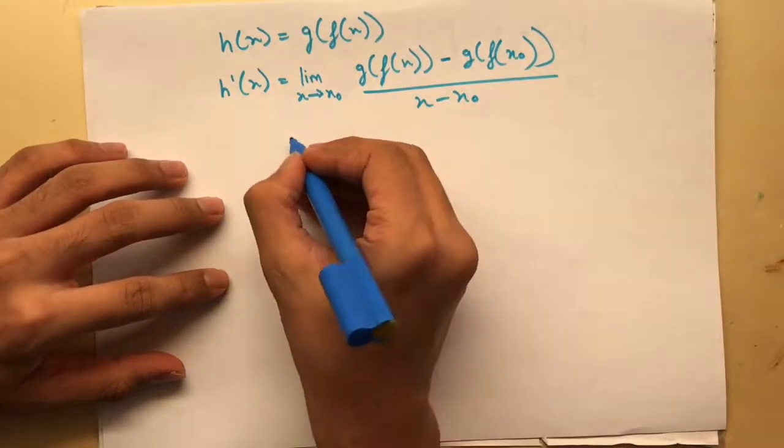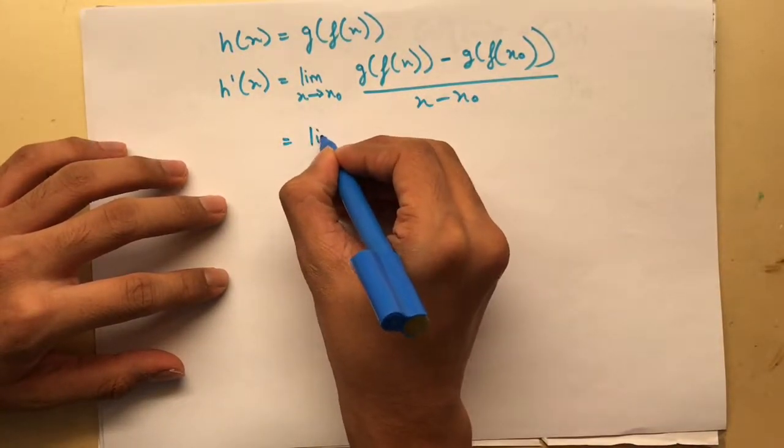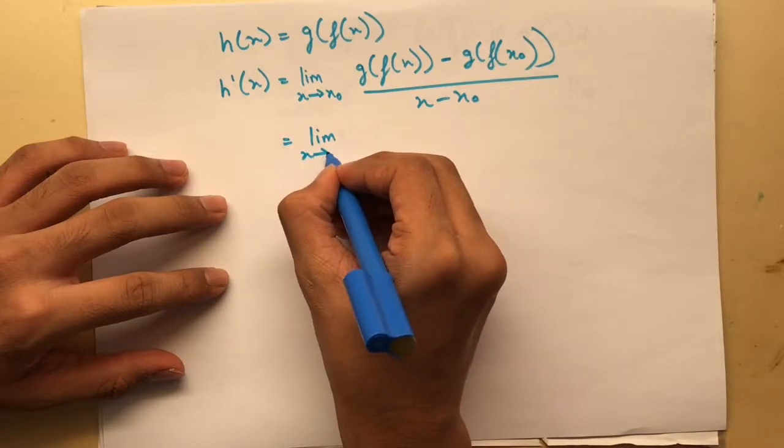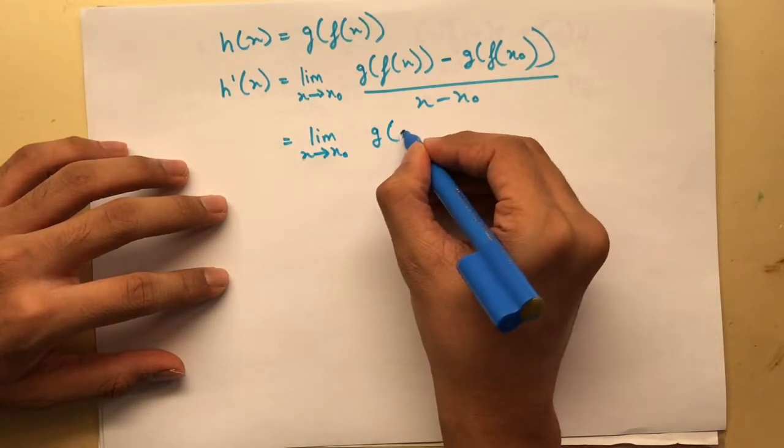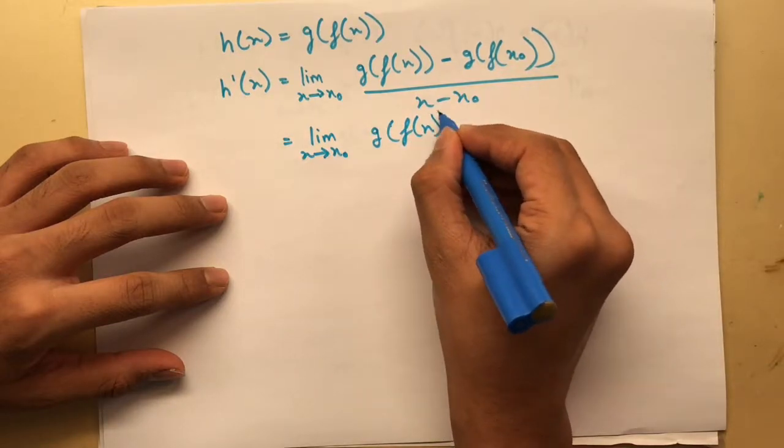Now this can also be written as the limit as x tends to x0 of g of f of x.